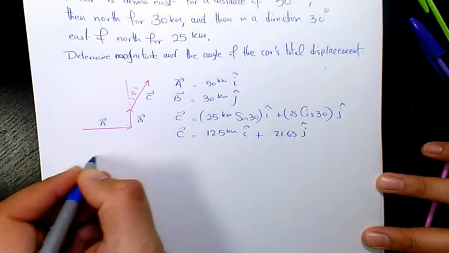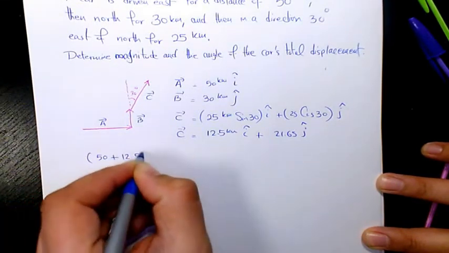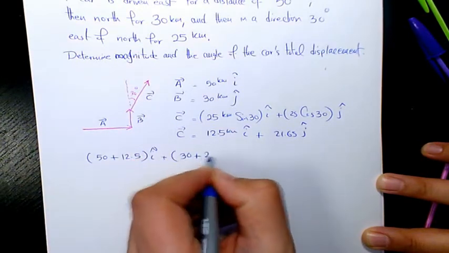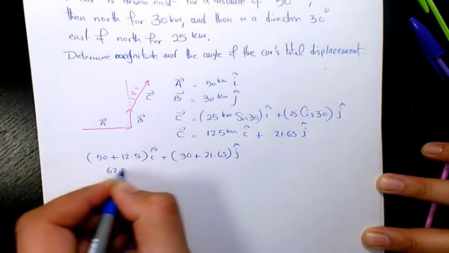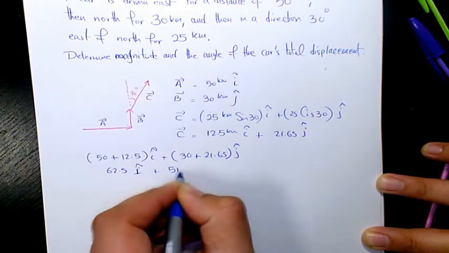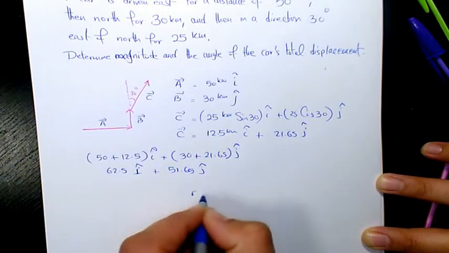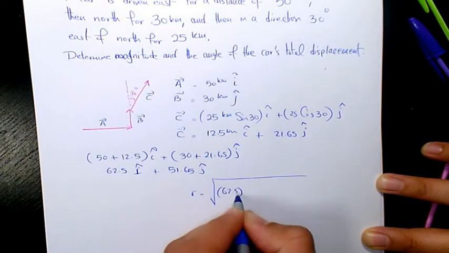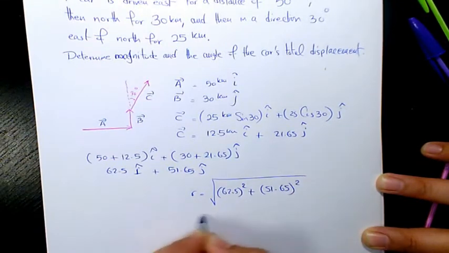So in i we have 50 plus 12.5, and j is going to be 30 plus 21.65. So it's going to be 62.5 i plus 51.65 j. And the total displacement is going to be the square root of 62.5 squared plus 51.65 squared.